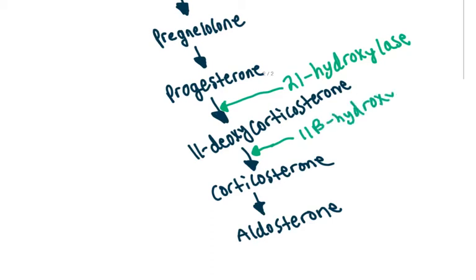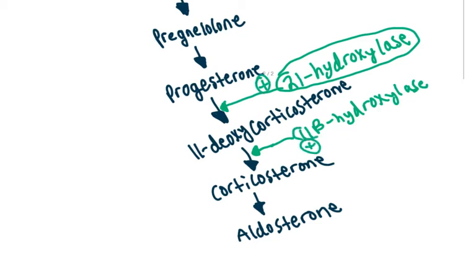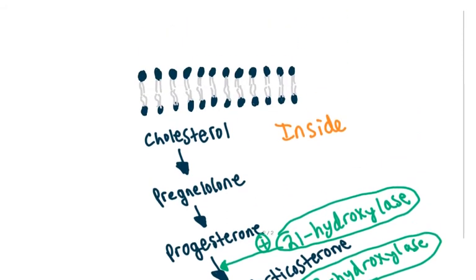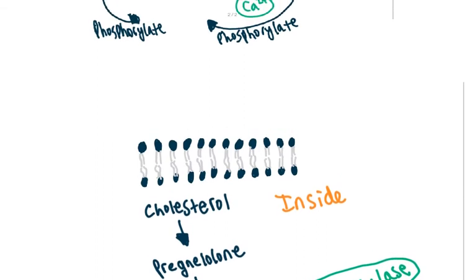It's important to know these two enzymes because they catalyze these two reactions: 11-beta-hydroxylase from 11-deoxycorticosterone to corticosterone, and 21-hydroxylase from progesterone to 11-deoxycorticosterone. Those are the enzymes and the reactions that lead to aldosterone production.